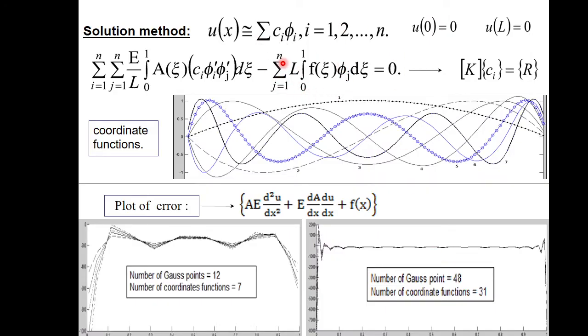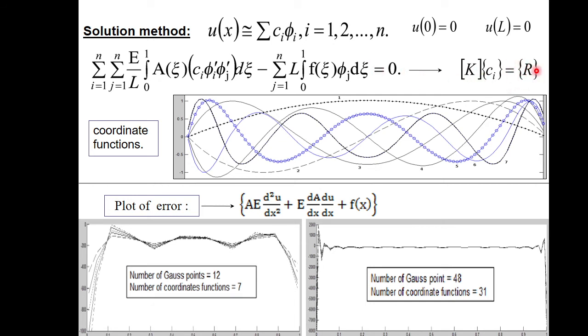So this is the single sum. This is equal to 0, so this equation is written in this form. This part will give rise to some coefficient of a matrix, with I, j, usually I equal to j here. So if this is 3, it is a 3 by 3 matrix. We have 3 unknowns, C1, C2, C3. This is becoming the stiffness matrix, and the right hand side is now a load vector.